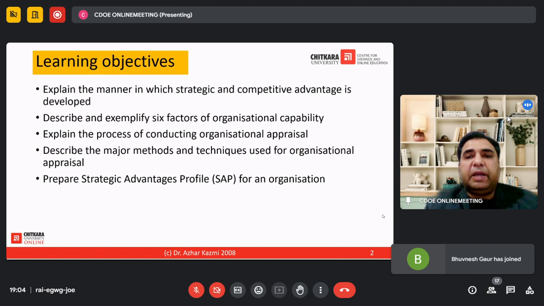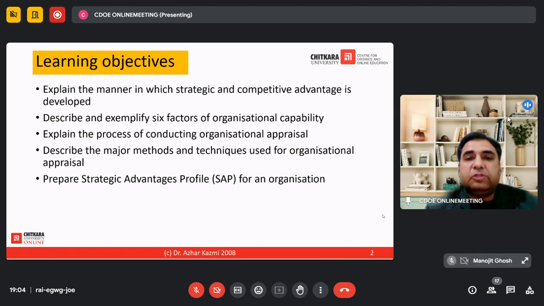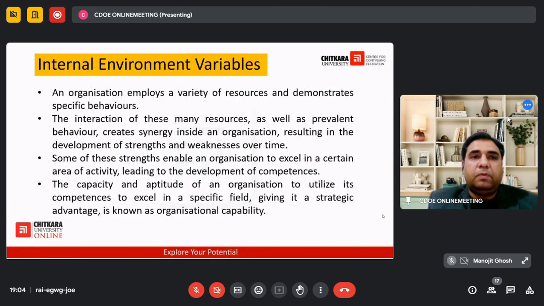And what are the major techniques inner to an organization that are helpful in creating the strategic advantage profile of any organization? So what are internal environmental variables? I know you already have some clue what an internal environment is, which is inner to an organization.